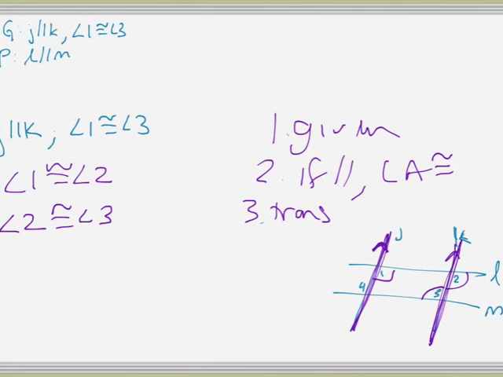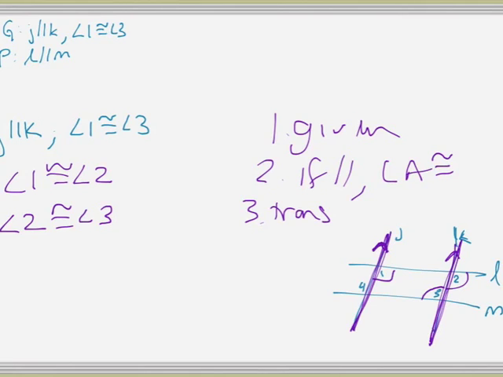And now in the picture, if we look at angles 2 and 3, what kind of angles are 2 and 3? They are alternate interior, not exterior. They're interior because they're between a pair of lines. Which lines are making angles 2 and 3?